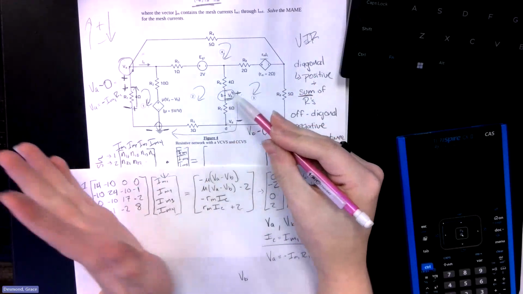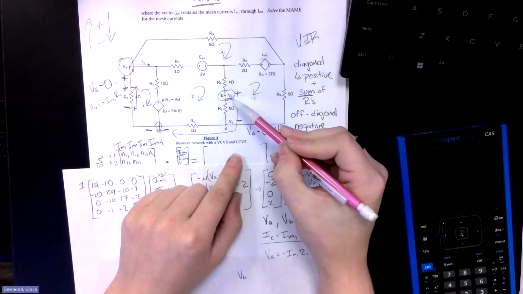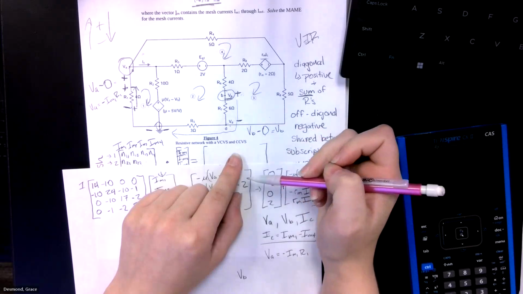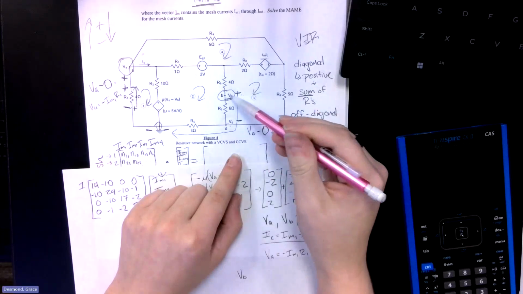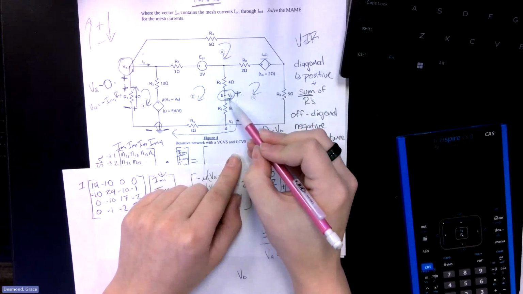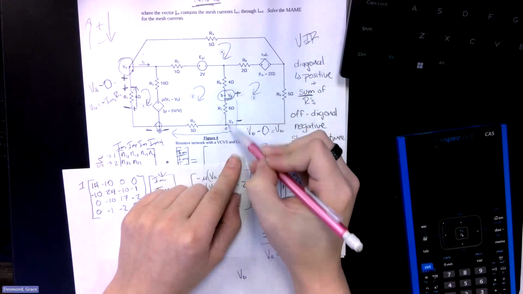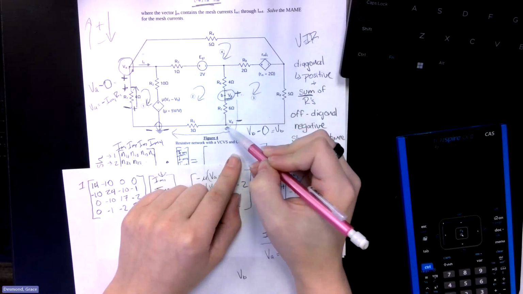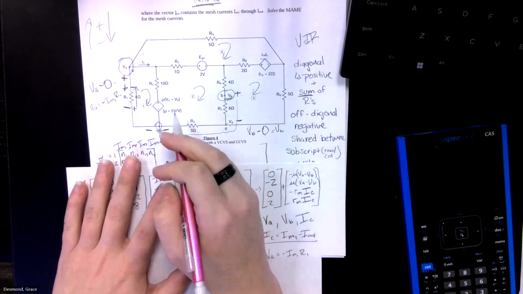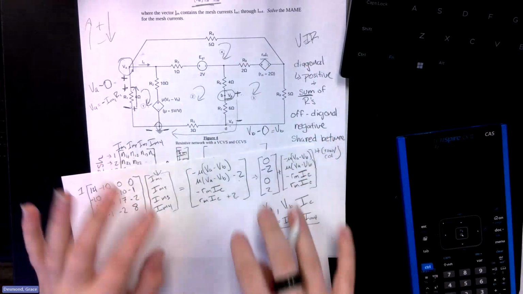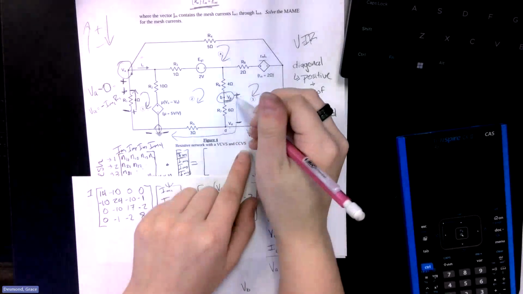Conceptually, what is the voltage VB? I'll lead you there. It is the voltage drop over this resistor plus the voltage drop over this resistor, right? Superposition, linearity, whatever it's called.